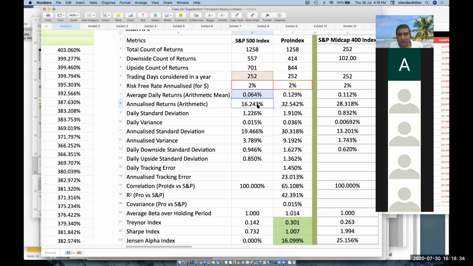Now, when Isha was presenting her numbers, she used the number 32.15%, which is she taken the fifth root of 303%. Am I right, Isha?